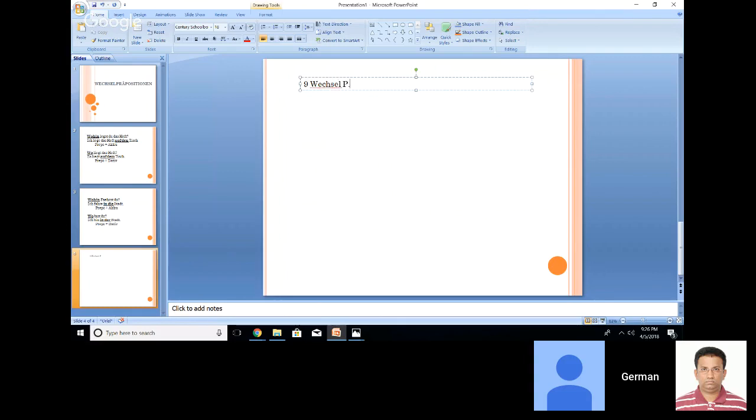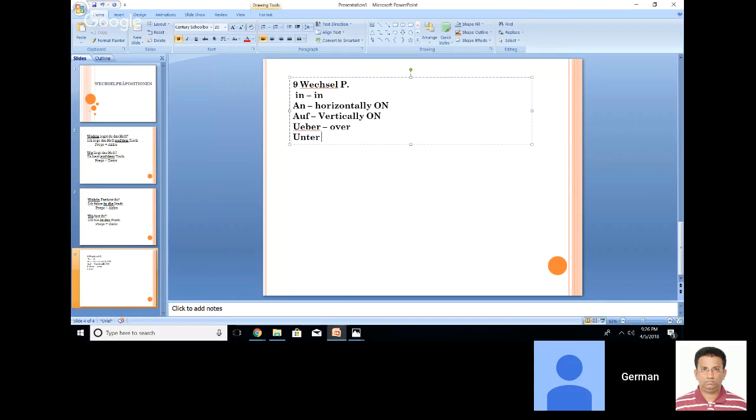There are 9 Wechsel prepositions, which are: in, which means in itself; an, which is horizontally on; auf, which is vertically on; über, u umlaut please, über is over something, of course.